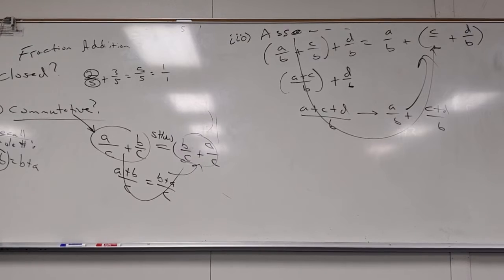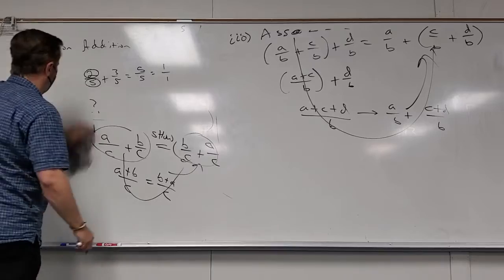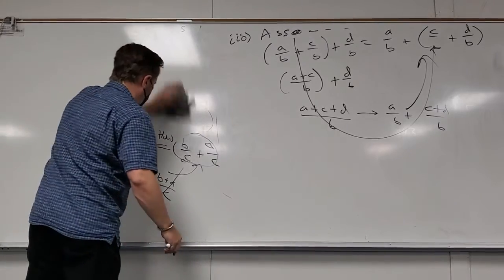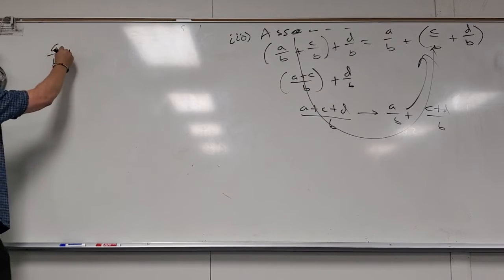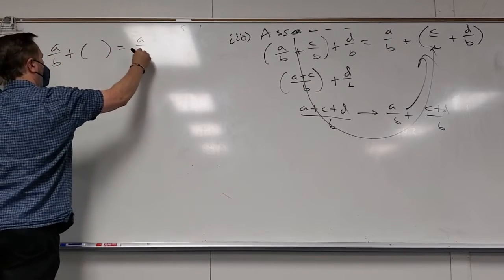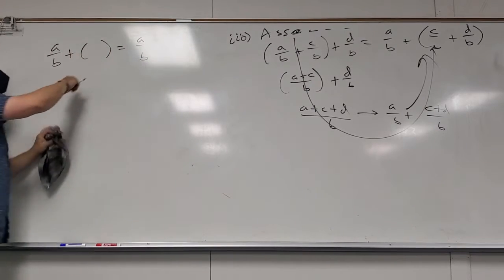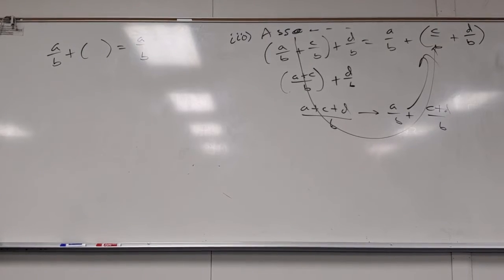And then one more thing we could do is related to addition. Identity. And of course, what do you think the additive identity is for fractions? Something I add to keep it the same, right?